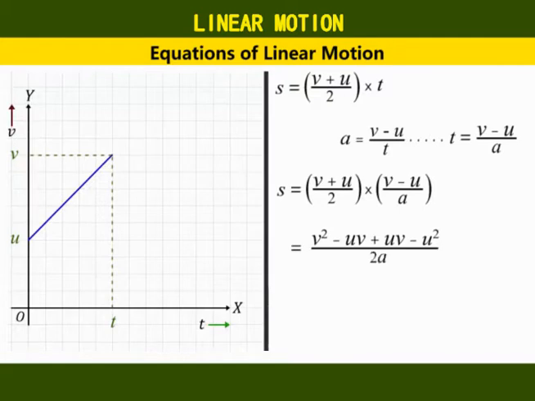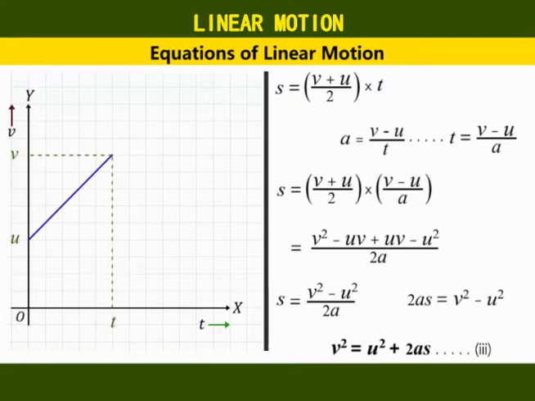Minus uv plus uv is 0. So we remain with (v² − u²)/2a, and this is equal to s. If we cross multiply, we shall have 2as = v² − u². And if we rearrange, we shall have v² = u² + 2as. And that is the third equation.